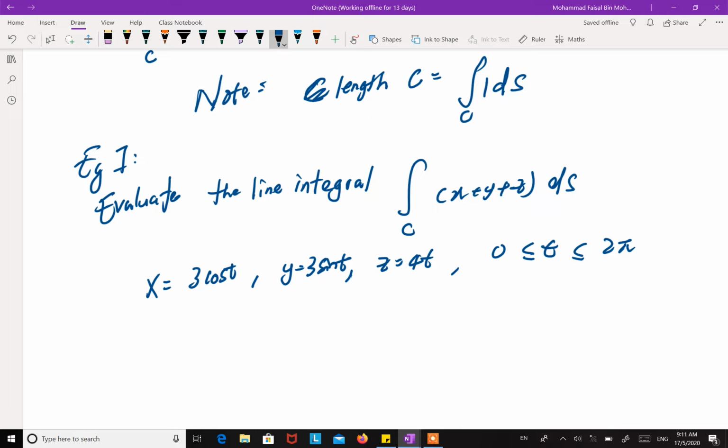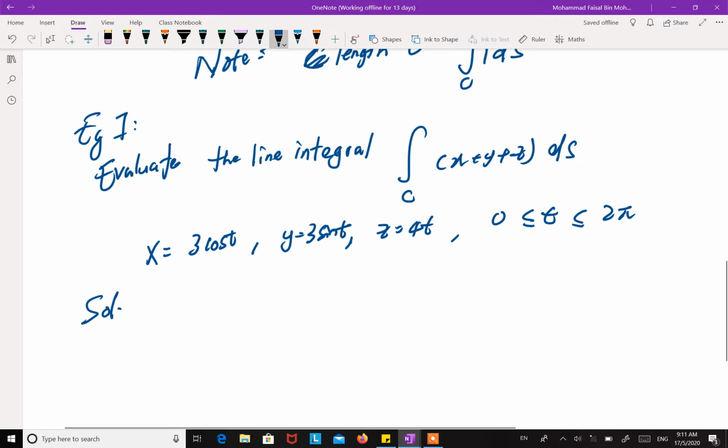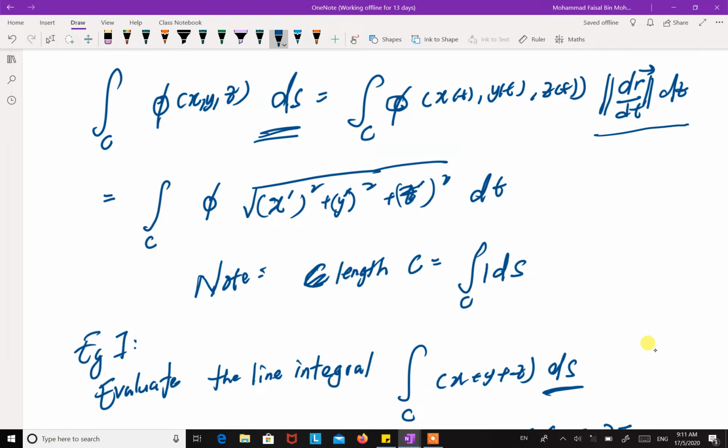So, solution. To find this line integral, you have to change this ds to the magnitude of dr/dt times dt.